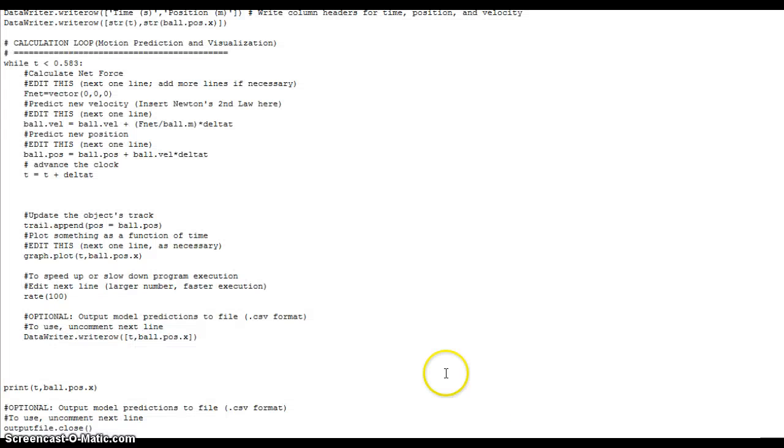In Python, we can see the computer model generated. The net force vector is set as 0 in order to ensure that the object travels at a constant velocity. This is evidenced by the perfectly linear graph produced by the computer model, which we can see when we run the module.